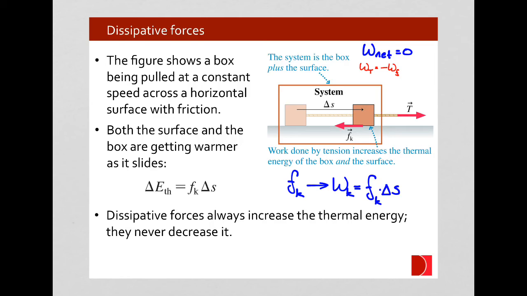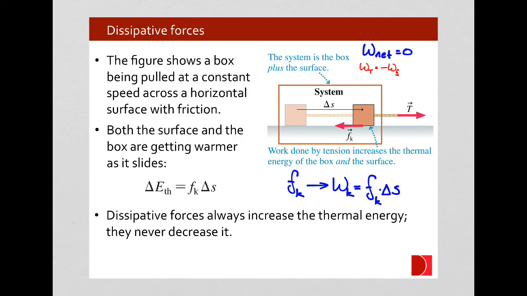And so we can find what the work done by the tension is, we can find what the work done by the frictional force is. In this situation, the friction is in the opposite direction of the displacement, and so the work done by friction is a negative value.